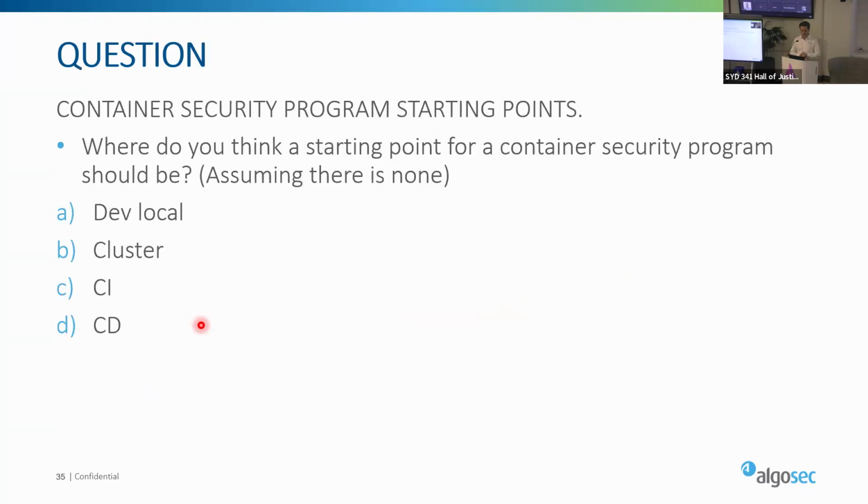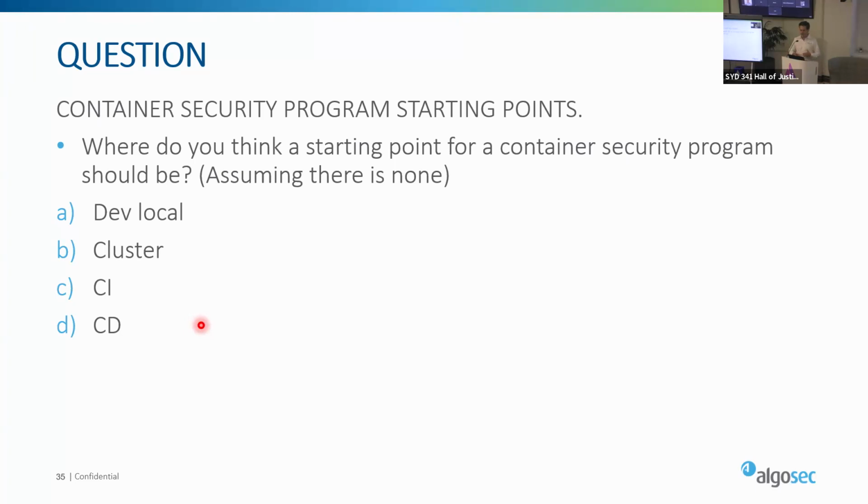Okay, so a question. In your opinion and your experience, and there is no hard truth here, where do you think the starting point for a container security program should be?